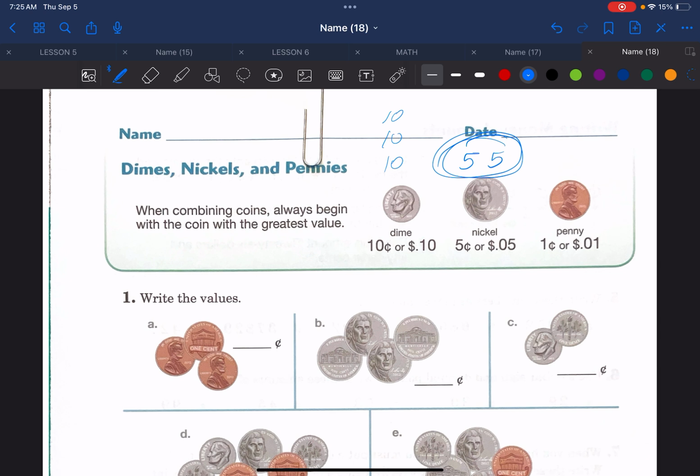But counting up 5 more is a lot easier than starting with a weird number. Like if I had 3 pennies plus the 2 nickels, that's 13. Well, counting up from 13 is not nearly as easy as counting 10, 20, 30. Okay, so that's what we're going to start with today, is just reviewing those.